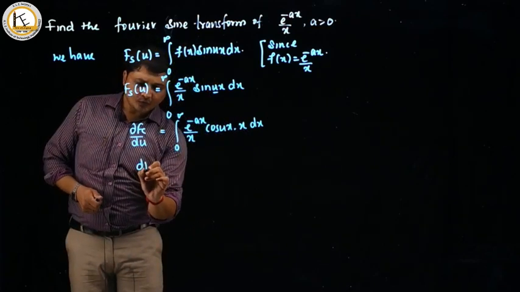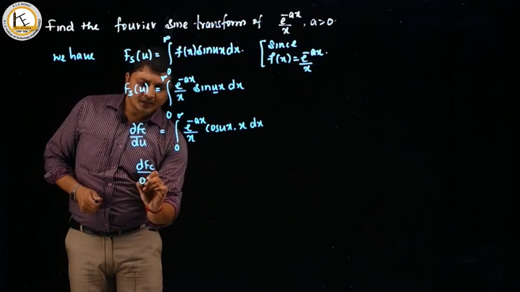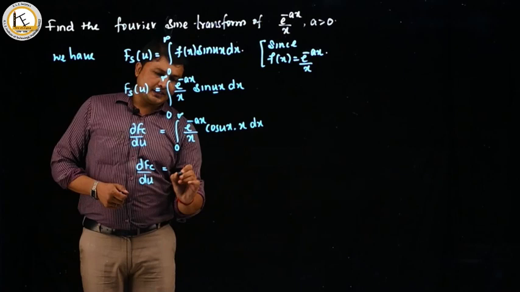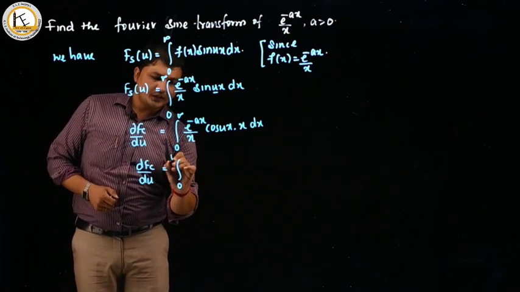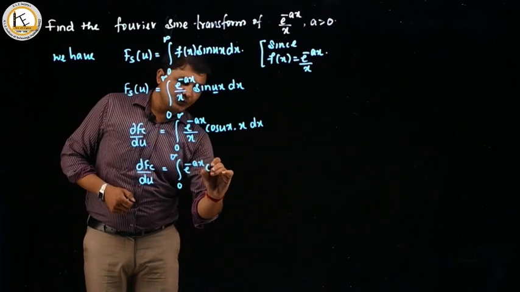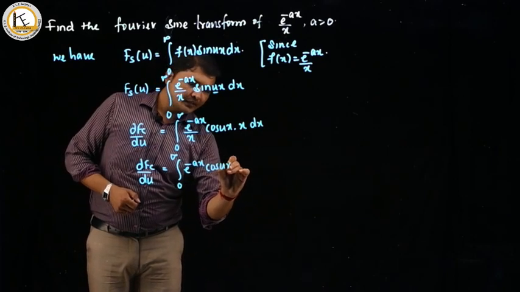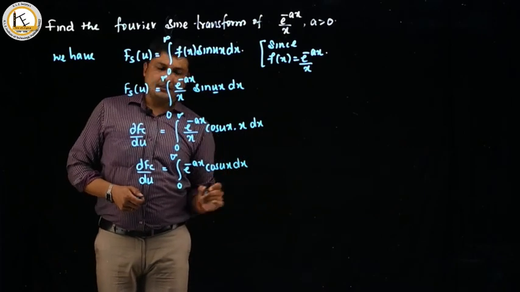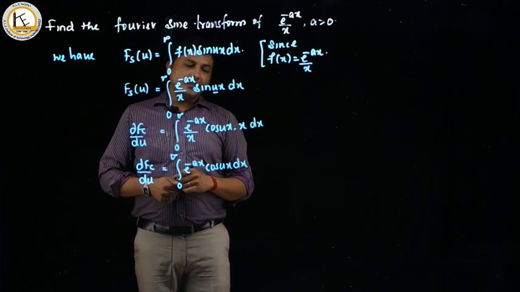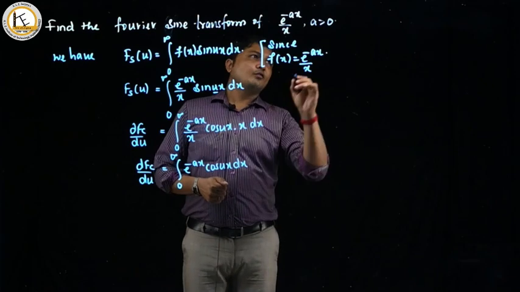So we have dFs by du equal to, both x's cancel here, the integral from 0 to infinity of e raised to minus ax into cos ux with respect to x. Then this integral is easily integrable, and for that we have a formula.